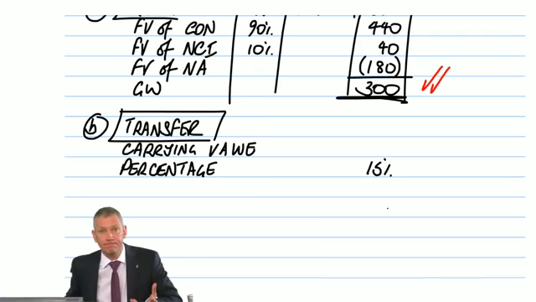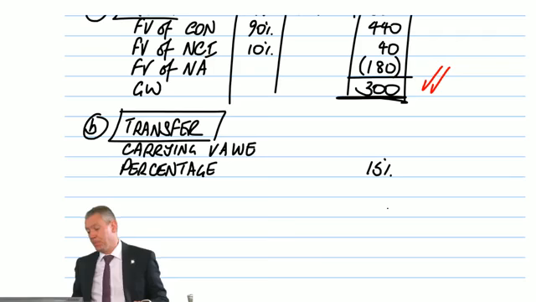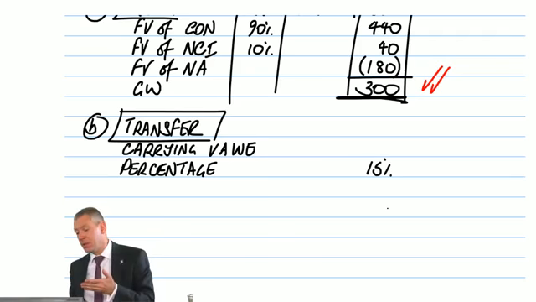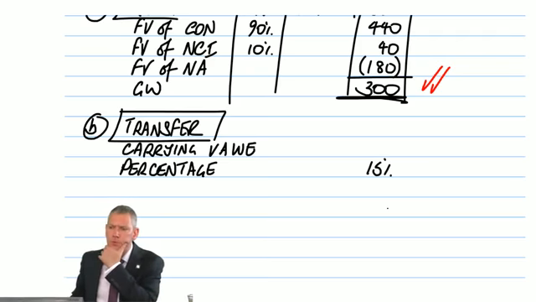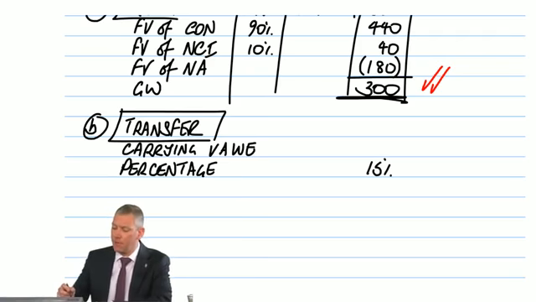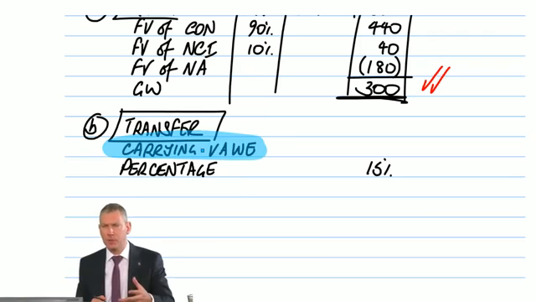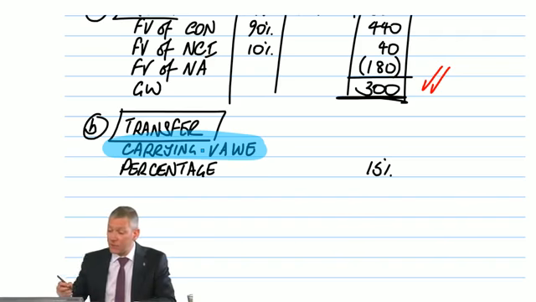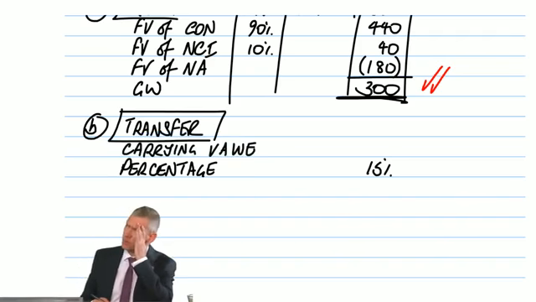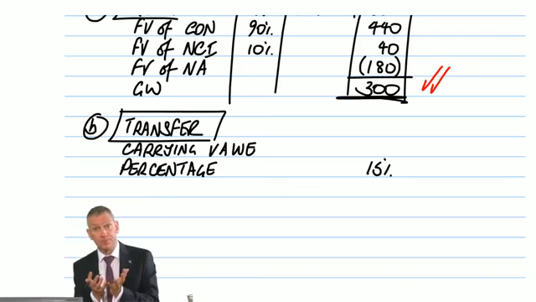Really easy, in theory. You just copy the percentage, but what you multiply it by is really hard to remember. So practice this question a couple of times to make sure you can remember what you multiply it by. It isn't difficult to get this figure of the carrying value, but what do I multiply this by? It's the whole sub.